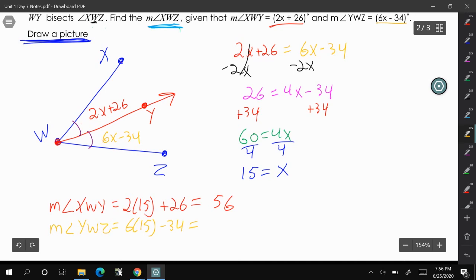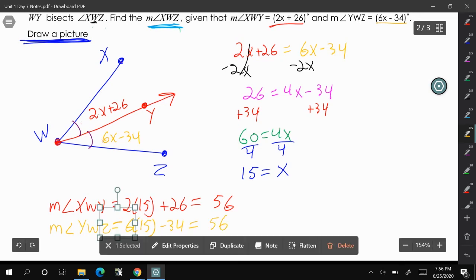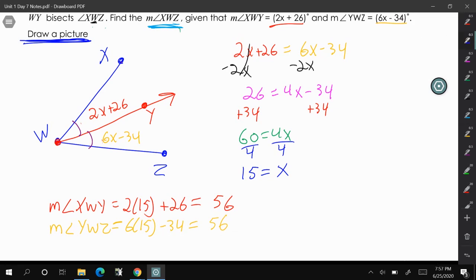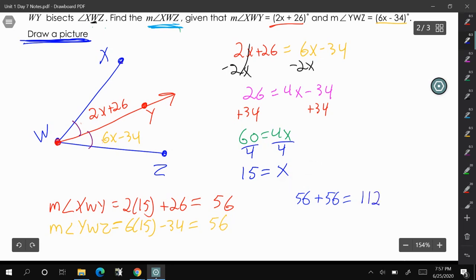And I hope we get 56 when I type this into the calculator, because if not, that means I've messed something up. I get 56. And then for the whole angle, we would need to do 56 plus 56, and that is equal to 112 degrees. So the whole angle is equal to 112 degrees.